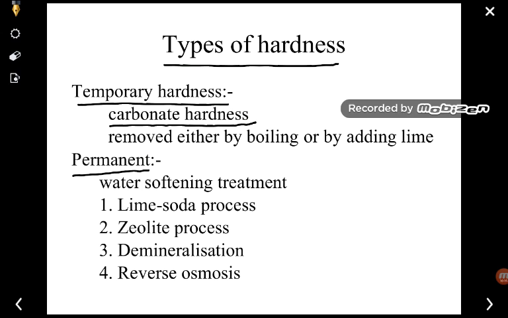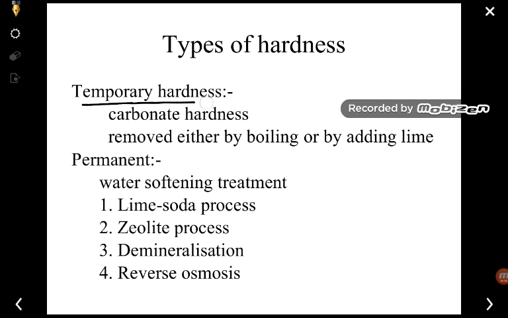Temporary hardness is also known as carbonate hardness, and it is removed either by boiling or by adding lime. So if you add lime or boil it, temporary hardness can be removed.